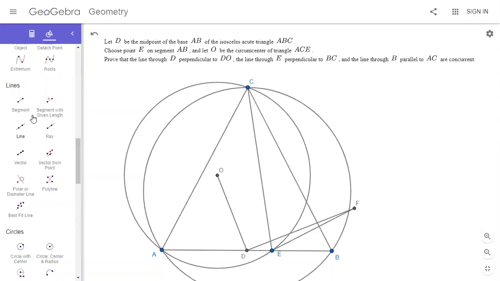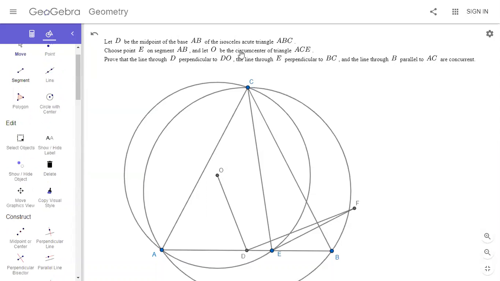I haven't drawn segment CD, but obviously that's perpendicular.